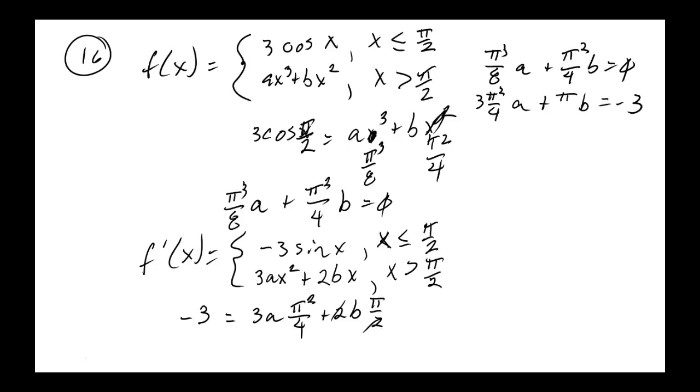You can multiply by 4 over pi, and it'll knock out b. And then multiply this by minus 1? Yeah, that'll work. Let me get to a clean page here.